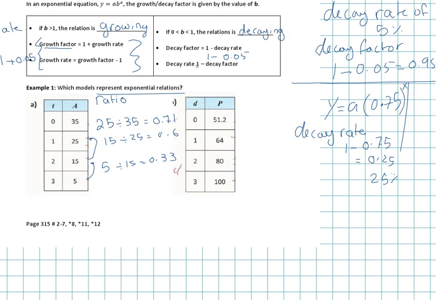Remember that if this was, is this a constant ratio? No. So is it exponential? No. Right? Because if it is exponential, then you must have a constant ratio. Remember the question when we were doubling, right? The ratio was 2 every single time, and that was my base. Okay?